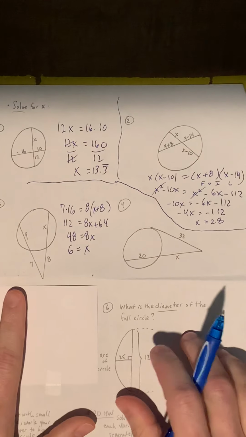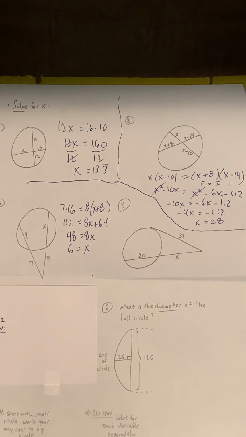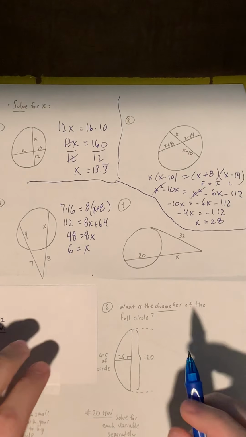All right, let's look at number 4. On number 4, we have a secant and a tangent intersecting, but it's still the second rule. So let's set up our equation.